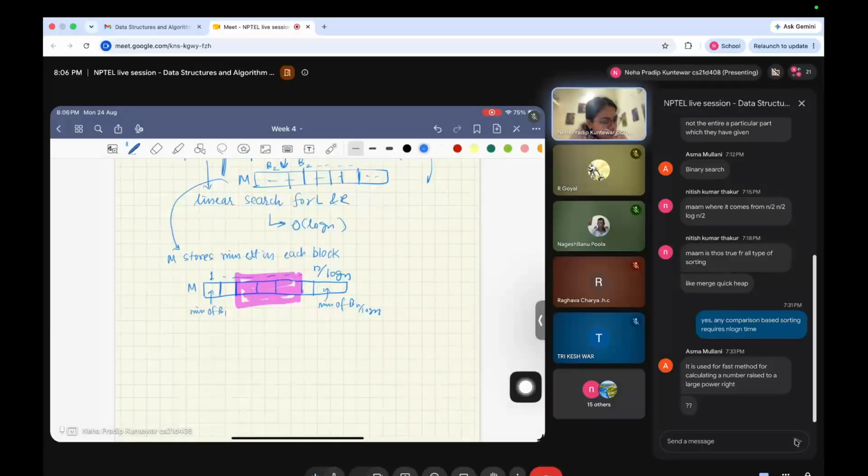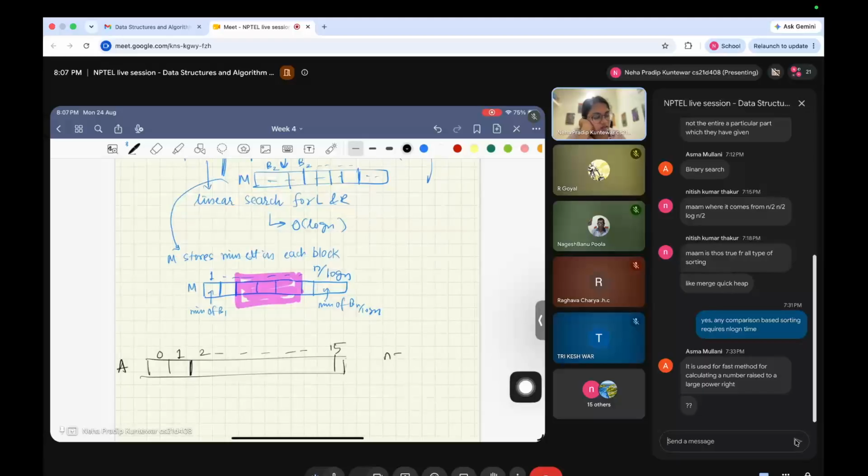Okay, so let me just take an example. Let's say I have an array of size 16. This is the initial array that was given to me.